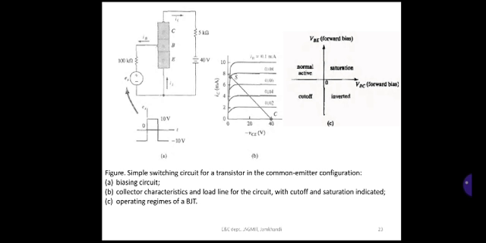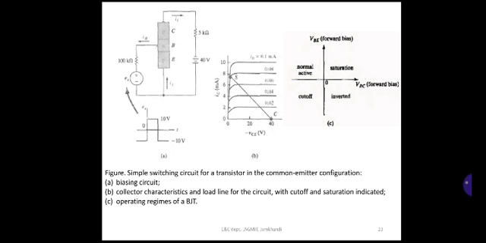Figure C shows the various regions of operation of a BJT. That means there are four regions. If the emitter junction is forward biased and the collector junction is reverse biased, then we have the normal active mode. The opposite, that is VBE reverse biased and VBC forward biased, is the inverted mode.